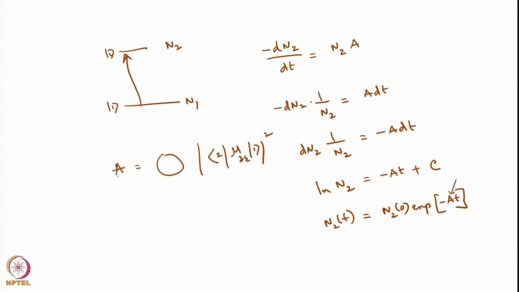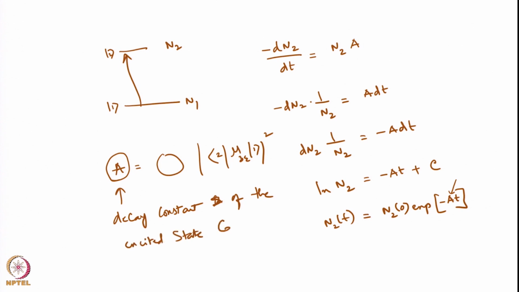This is nothing but your decay constant. Okay. So, by measuring the decay constant, and this can be experimentally measured, I will come to this in the next lecture, the decay constant of the excited state can be measured.